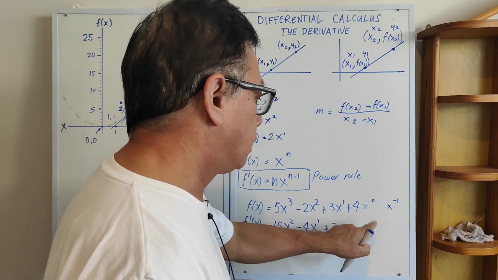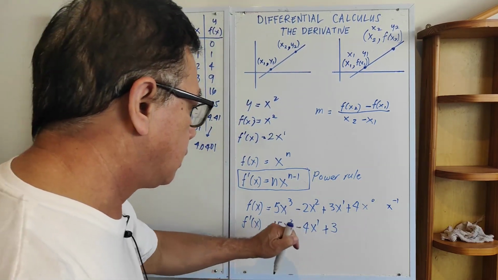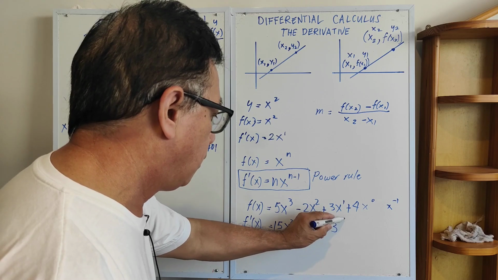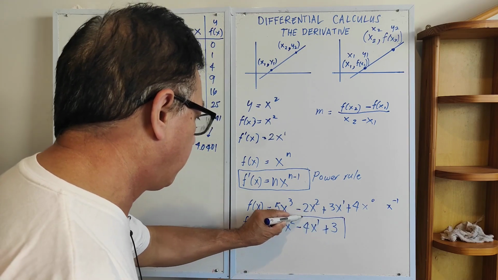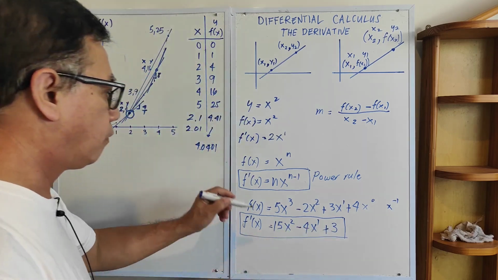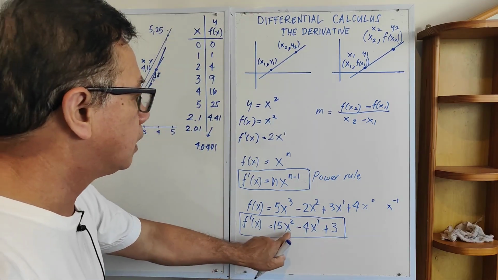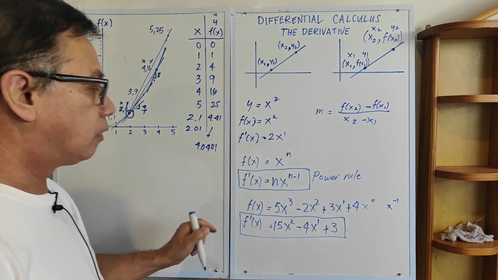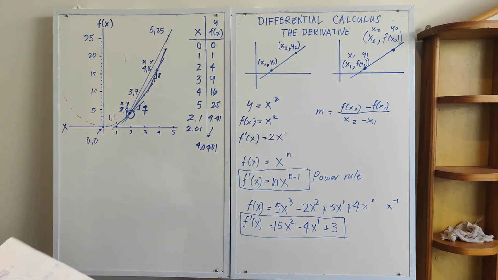The 4 disappears. So this is your slope for the curve. And then whenever you have the x, you substitute the x in here, and you will get the actual slope of the curve.